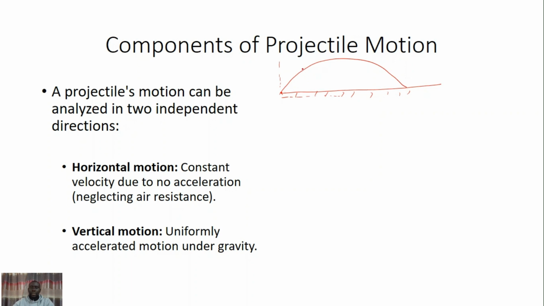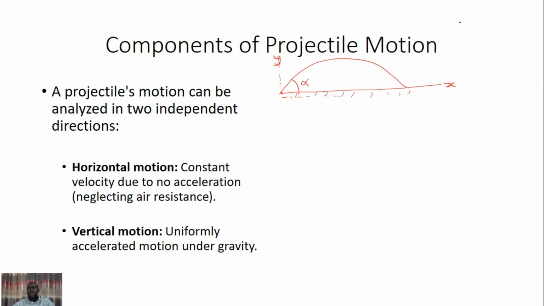Okay. Usually in projectile motion, the body is projected at an angle alpha to the horizontal, and this is usually given in the calculation. So when you are dealing with it, the way to deal with it is to look at it in two components: the y component, which is the vertical component, and the x component, which is the horizontal component.